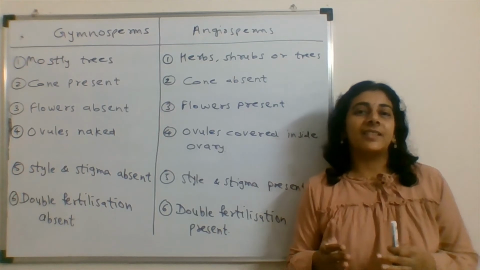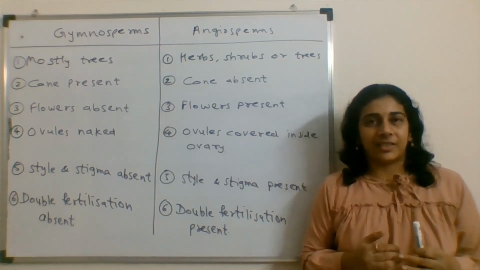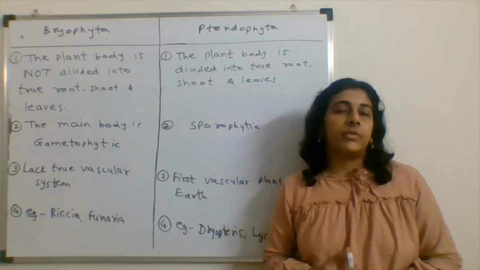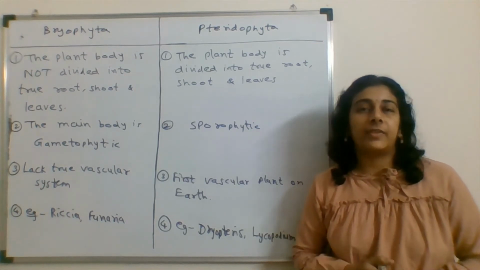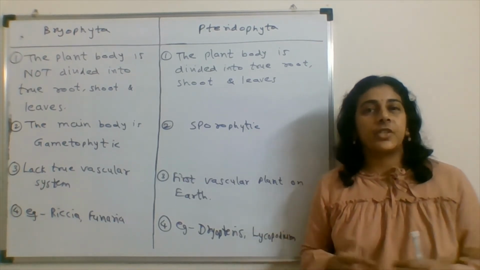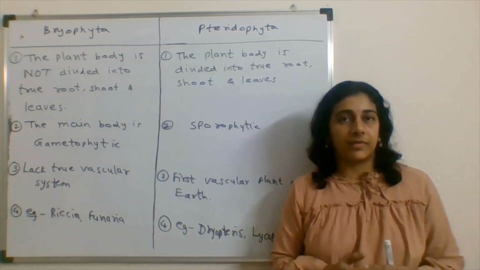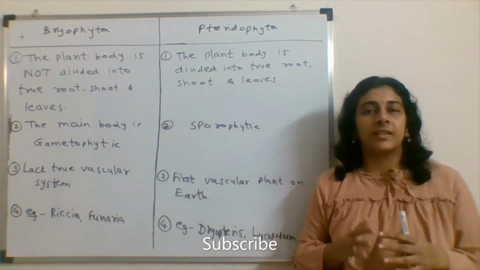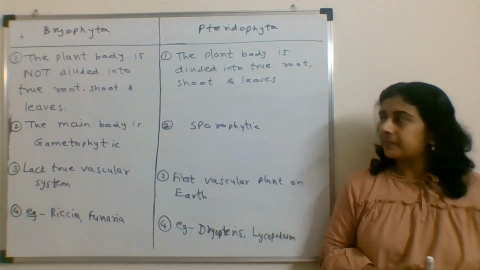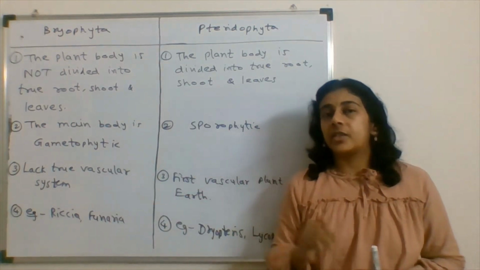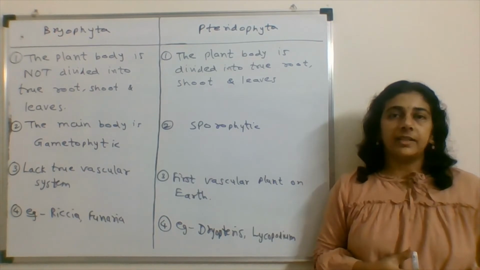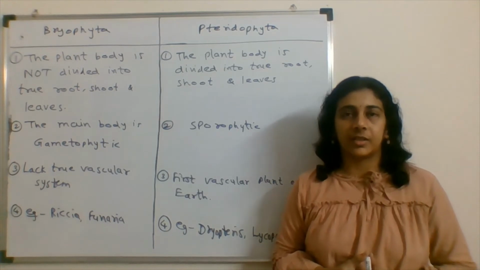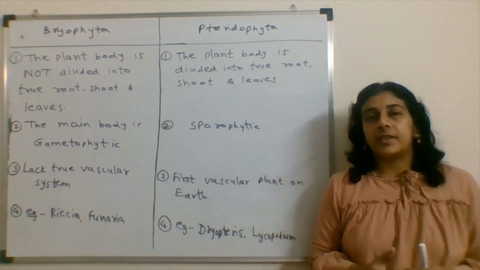So let's find the difference between the pteridophytes and bryophytes, which is also given in our question. When we say bryophytes, the plant body is a thallus. There are no differentiated structures as root, stem and leaves, whereas in pteridophytes, root, shoot and leaves are separate structures. The gametophytic generation is dominant in bryophytes, and in pteridophytes the sporophytic generation is dominant.